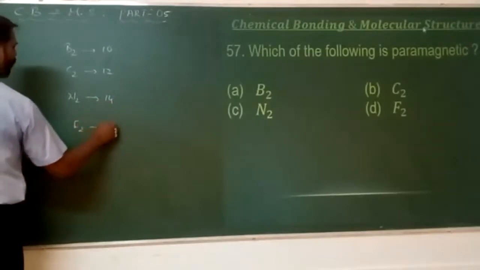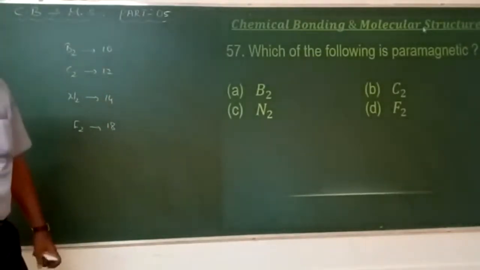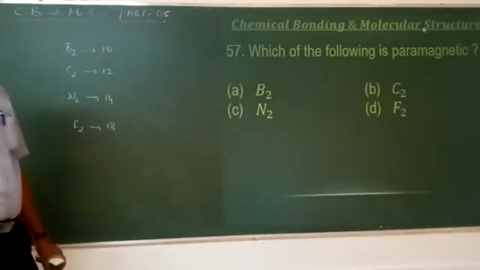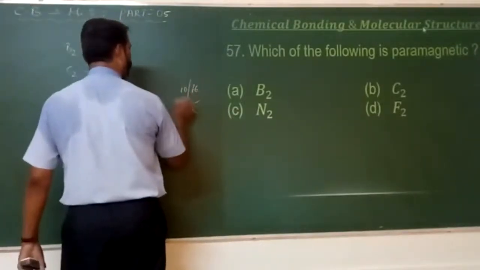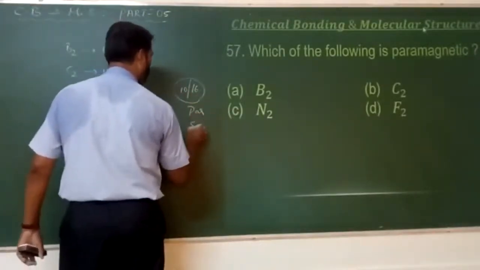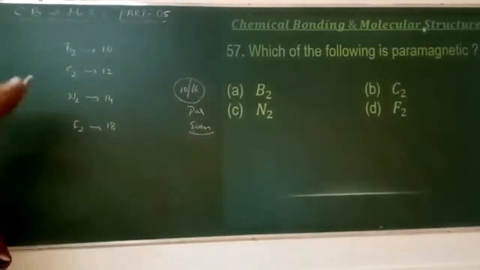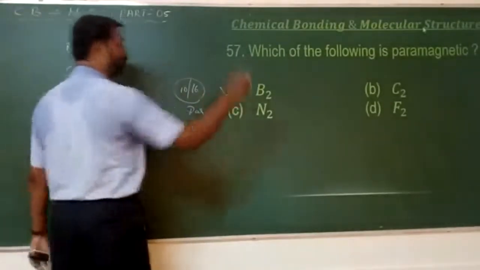F2, all are even electron species. Even electron species are found to be diamagnetic. But I have mentioned the two numbers: 10 and 16 are found to be paramagnetic, even though they are even electron species. Therefore, the one with paramagnetic behavior is the 10. 10 means it is which element? Boron.